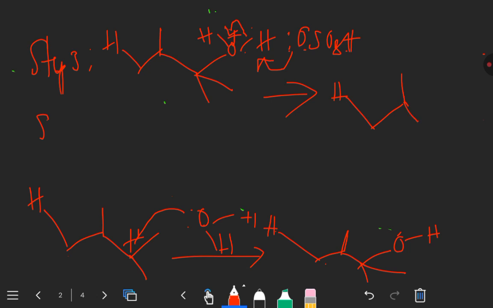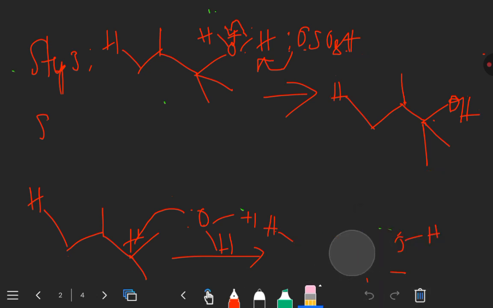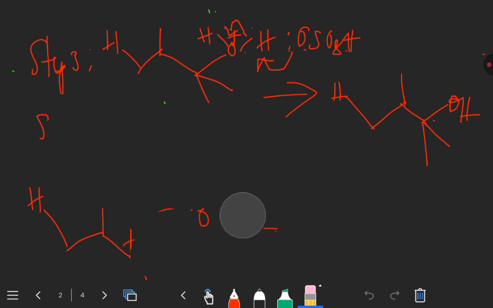So O, okay, we have this bond there, so our OH will be there, then this is bonded to these two methyl. So we have actually formed an alcohol from the reaction we were given. So let's just name this alcohol we formed.